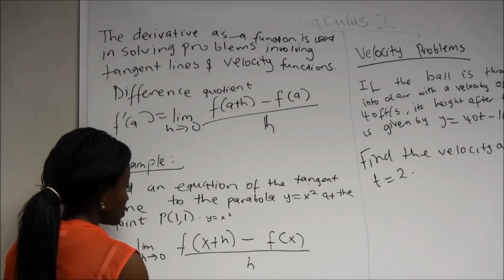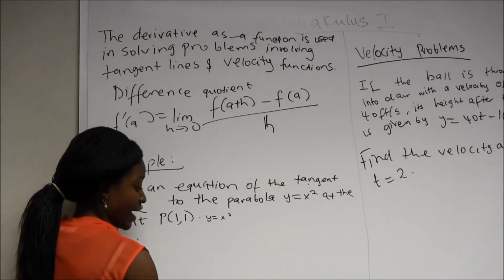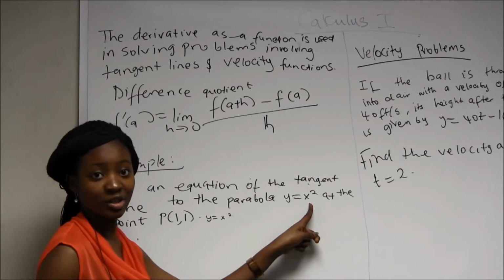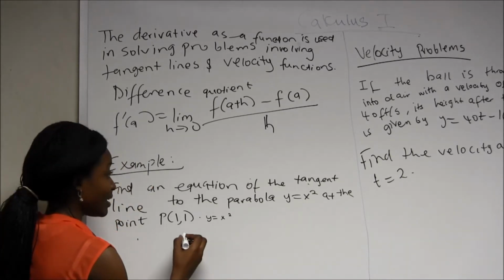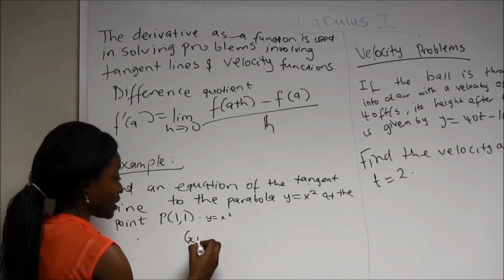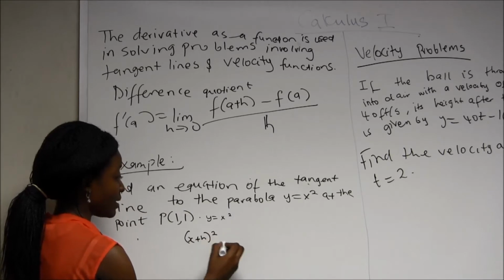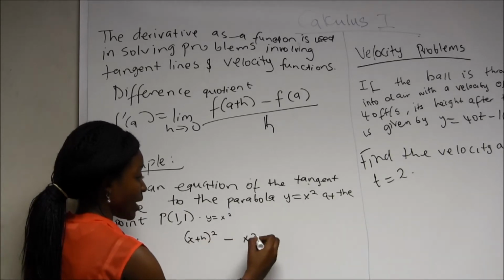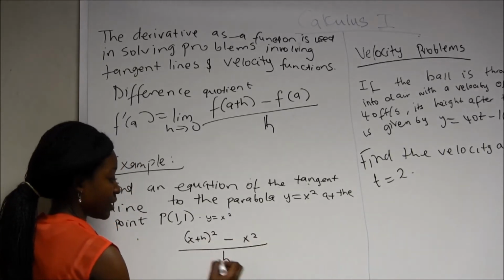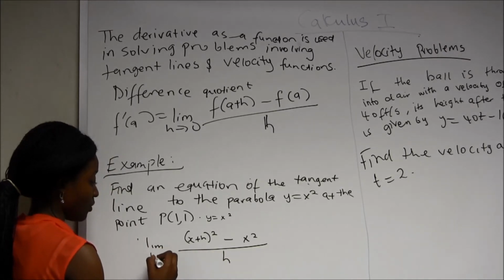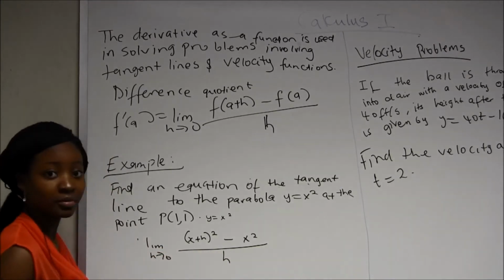Now the next thing I'm going to do is plug my x plus h into the equation I have here, and I'm going to have (x plus h) all squared minus x squared divided by h as the limit of h approaches 0.